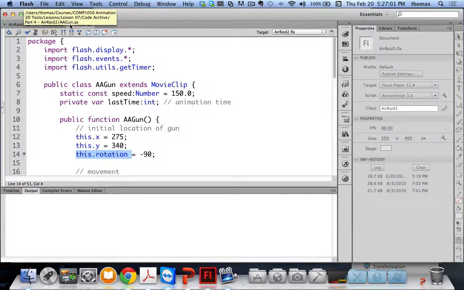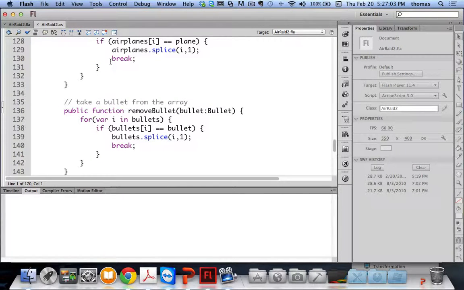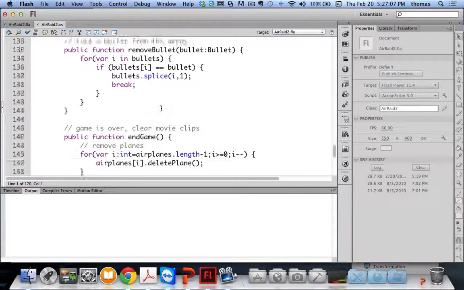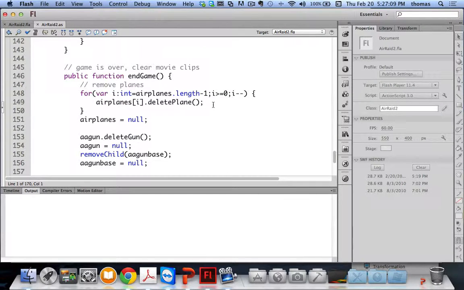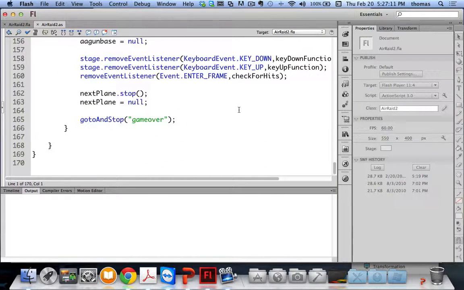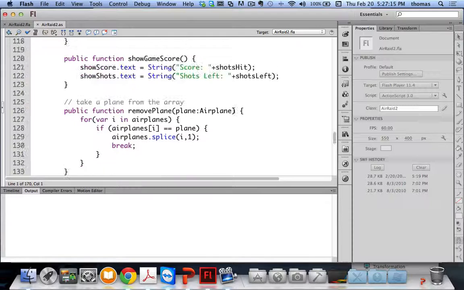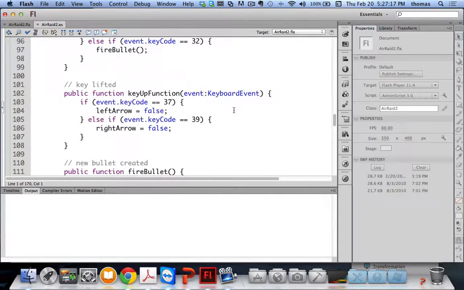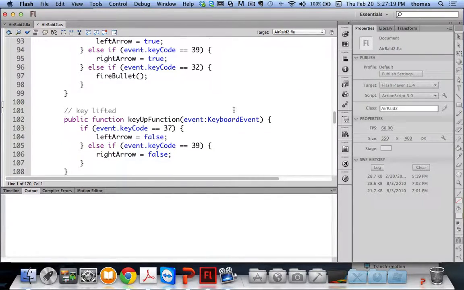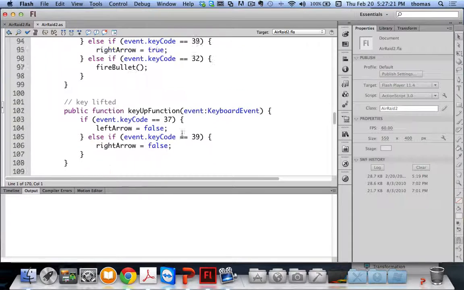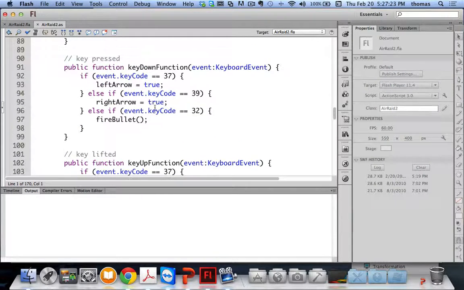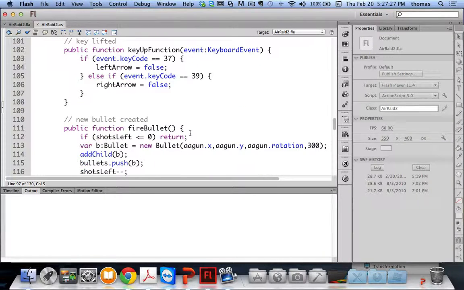Okay, so really that's what it is. Those two functions are the main ones that have changed. Air raid 2, though, other than the bullet itself, when we create our bullet, the only thing we're passing in when we fire the gun, right, so when we actually press the space bar, which is 32, this is left and right, and our space bar is 32, we fire the bullet. Here's where we fire our bullet, right?